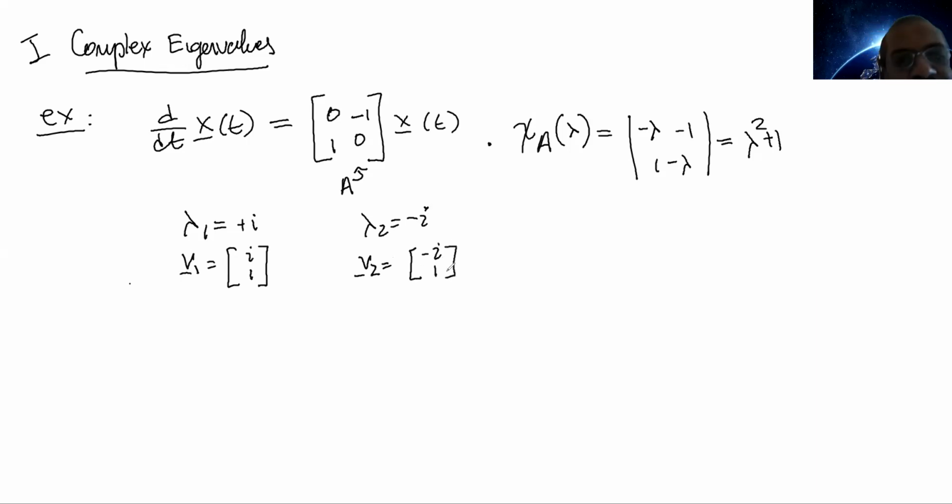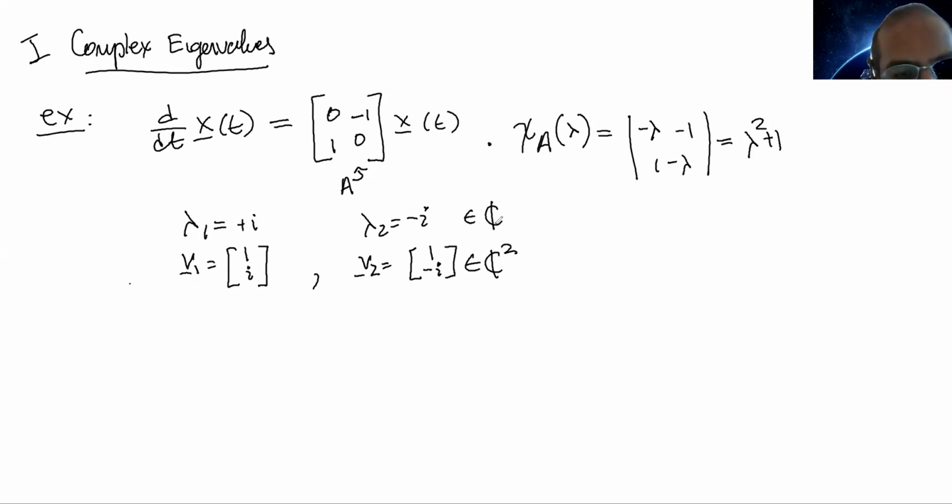Oh, I got it backward. 1, i. Okay, that would have worked too, but anyway. So we're in a situation we've seen before. These are now vectors in C2, and these eigenvalues are in C, and they're conjugates of each other.